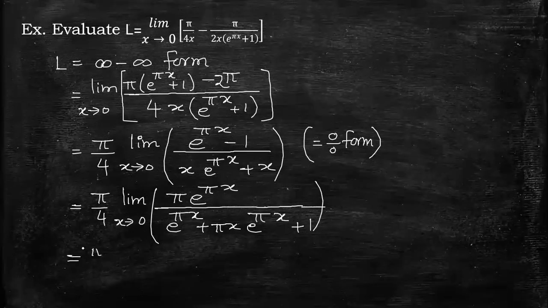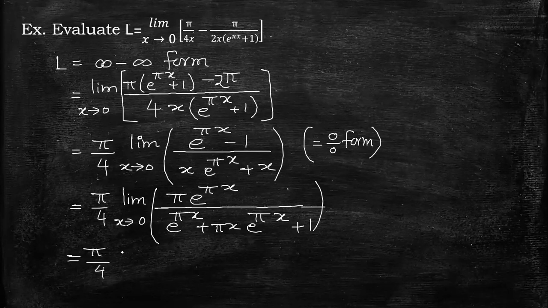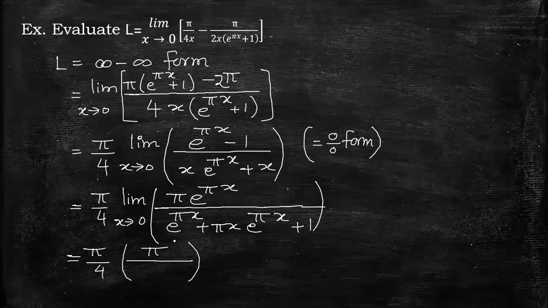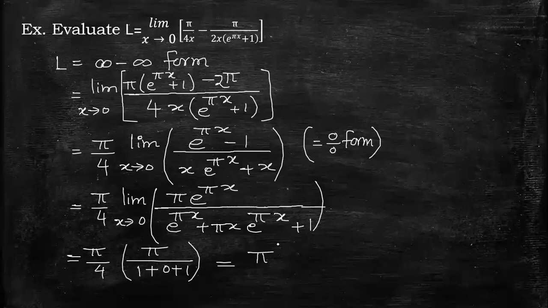So this is equal to pi by 4 into pi into e to the power 0 upon 1 plus 0 plus 1, and the answer is pi square divided by 8.